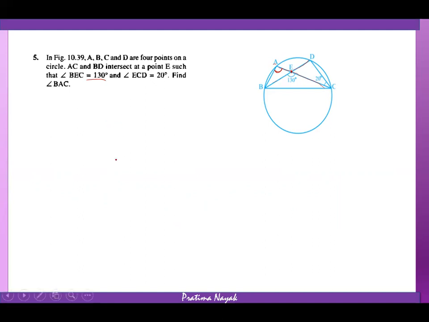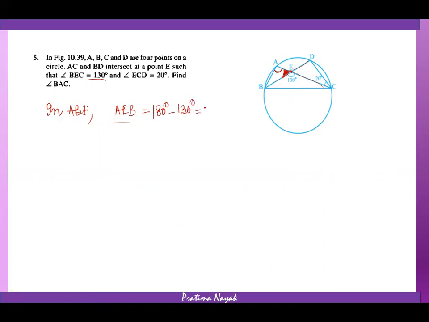How to get it? No problem. First we'll get in triangle ABE. See carefully, in triangle ABE, I can get this angle AEB. How will I get it? By subtracting from 180, because they two make a linear pair. In ABE, angle AEB is equal to 180 minus 130.